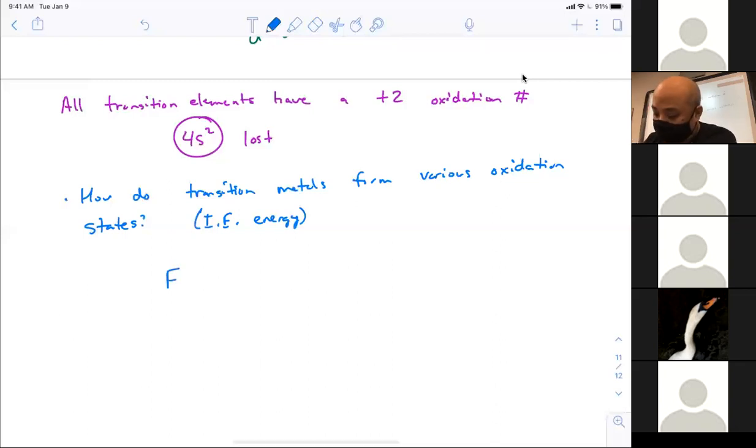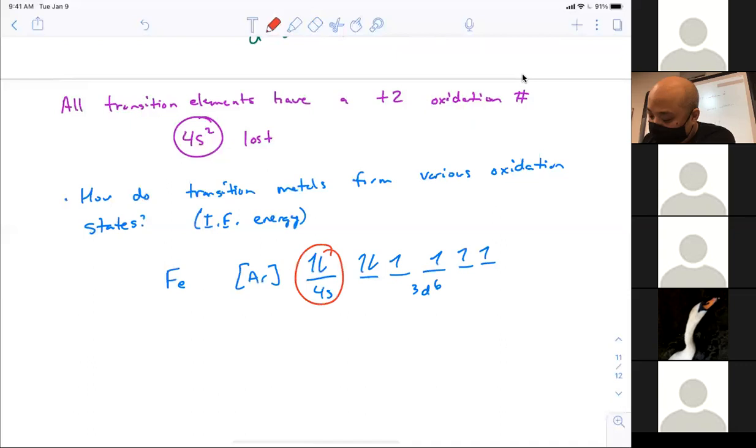For example, iron is Ar 4s2 3d6. So it makes sense to be a 2+ because you lose the 4s.